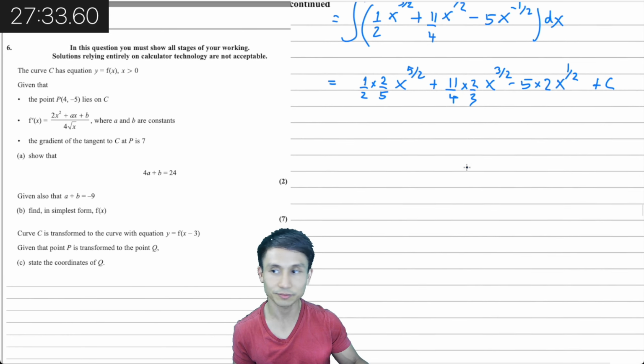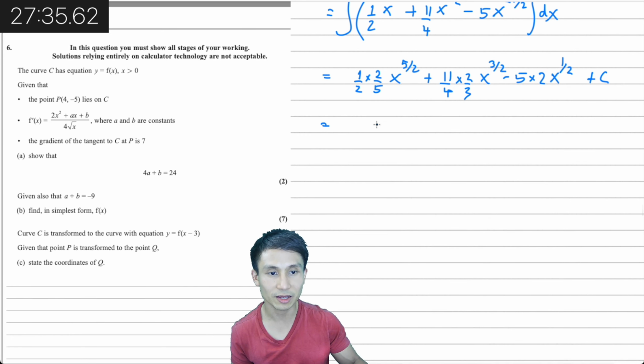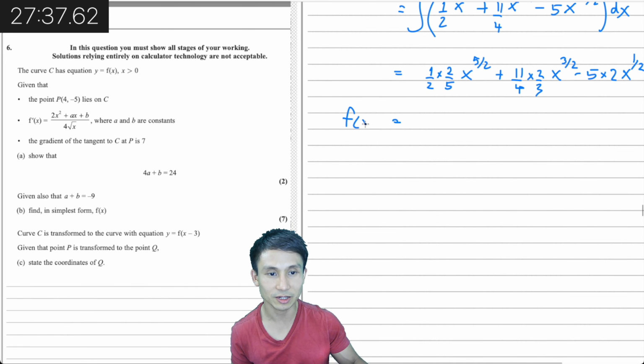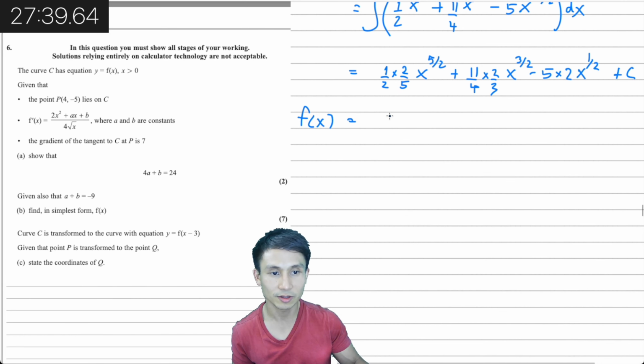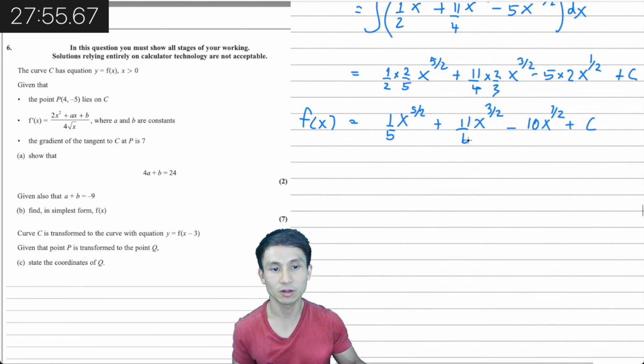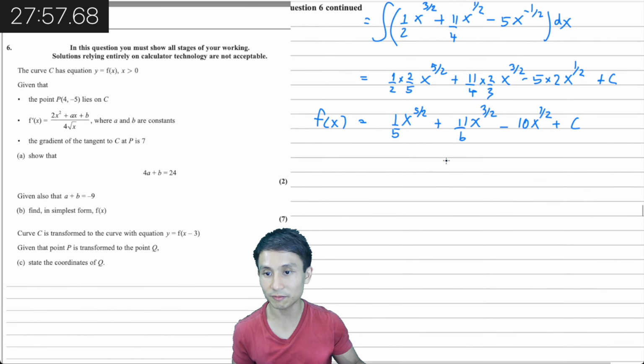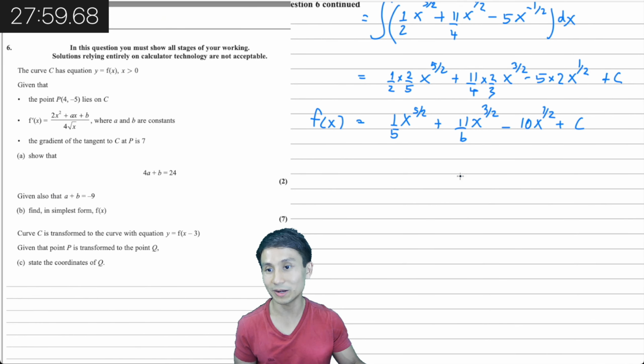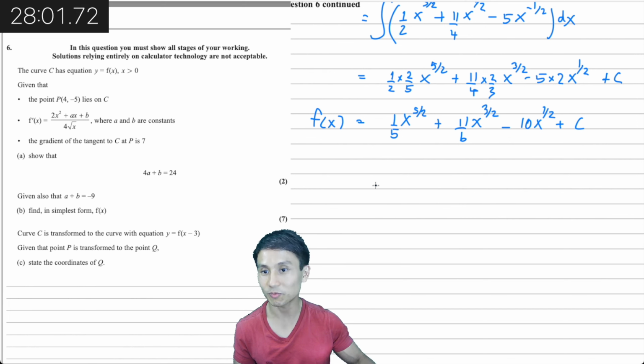All right? So simplifying everything, we have f(x) here being equal to 1 over 5 x to the 5 over 2 plus, that cancels to be 11 over 6 x to the 3 over 2 minus 10 x to the 1/2 plus c. Now, because we know that the curve passes through point P, we can sub point P in again.